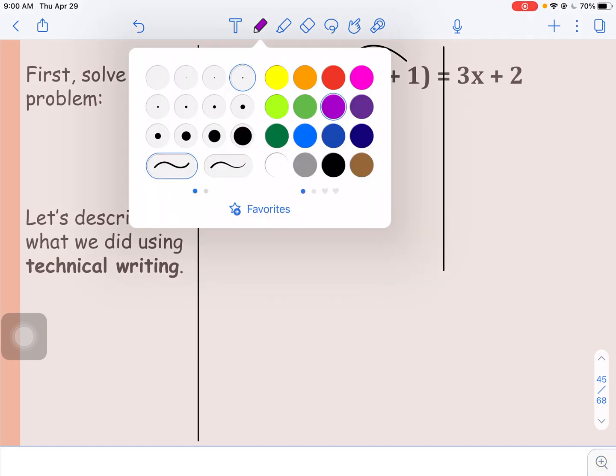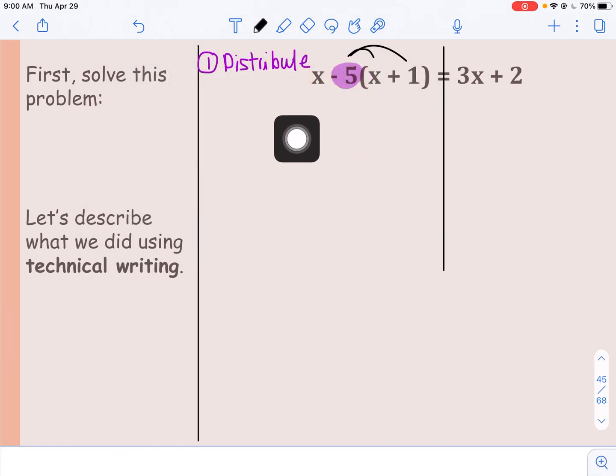So when we distributed, we have x still. Then we have -5 times x. -5 times x is -5x. -5 times +1 is -5, equals 3x plus 2.